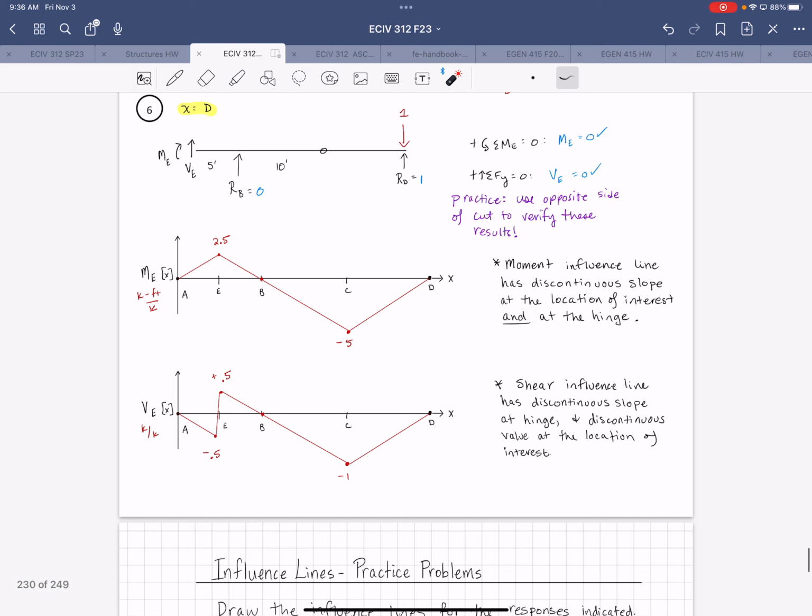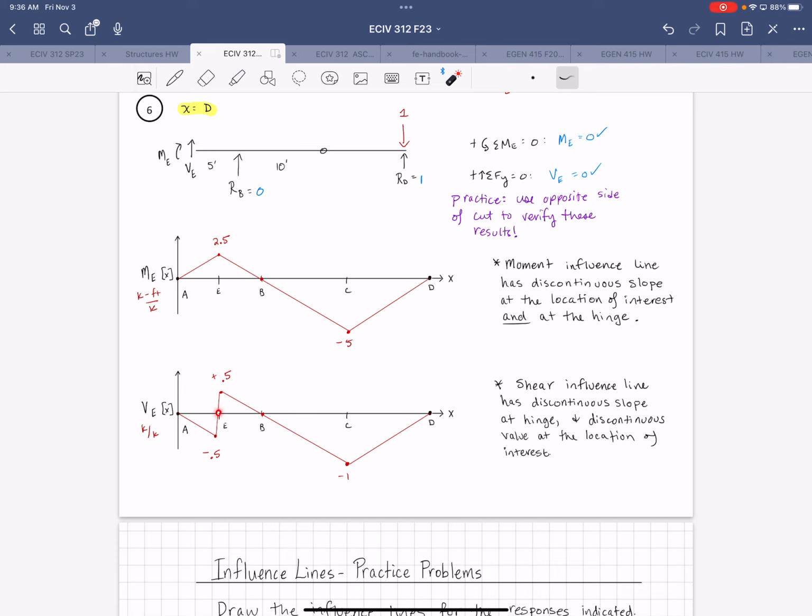The other time that the influence line can change slope is when you're drawing the influence line for a moment at a specific location. And so then at that specific location, for example, here, the moment at E, we have two locations where the slope changes. One is the hinge and the other is the location of interest for moment. So for moment, at the location of interest you have continuous value, discontinuous slope.